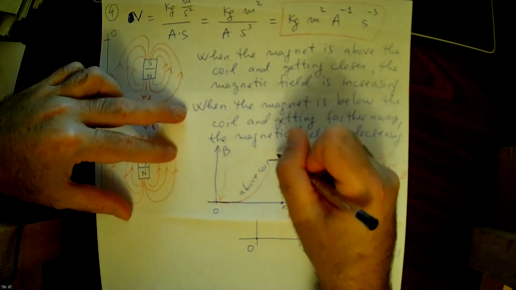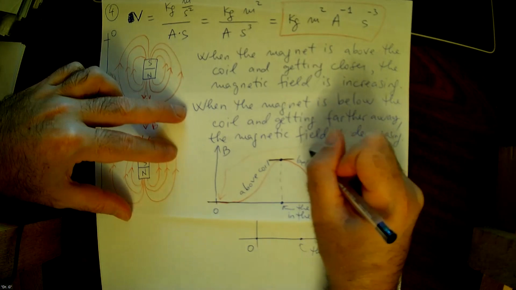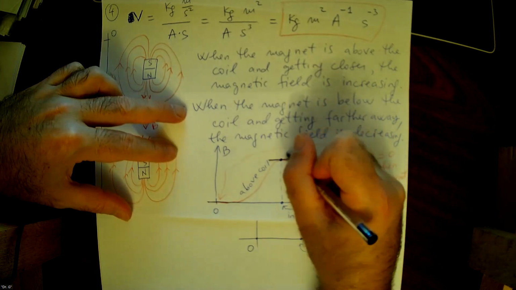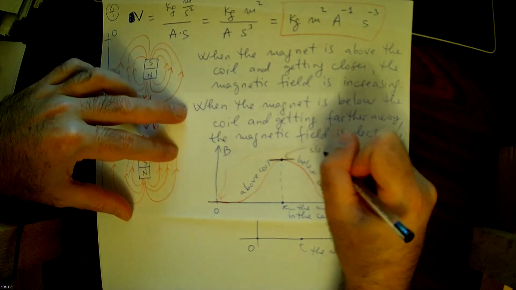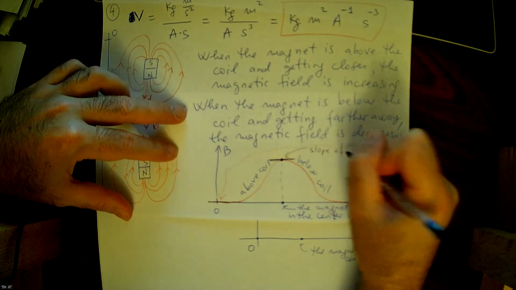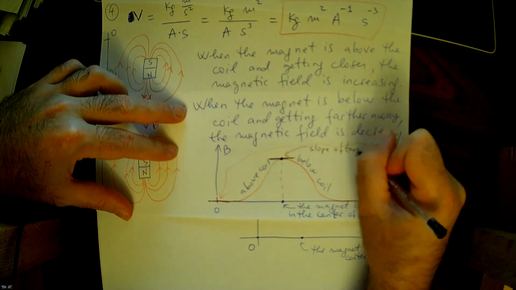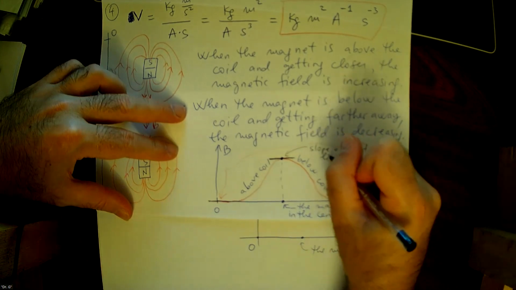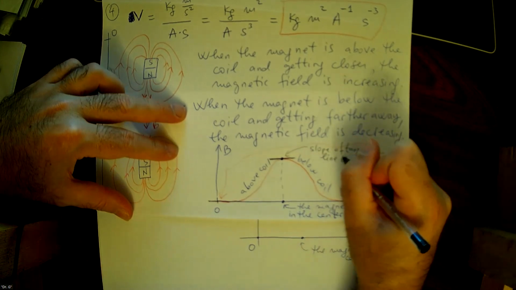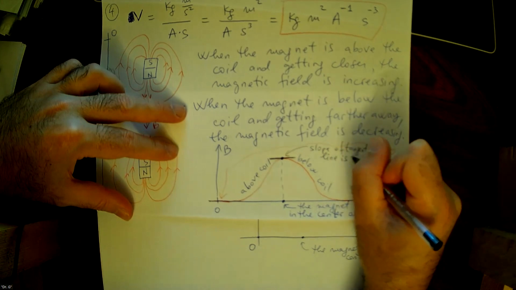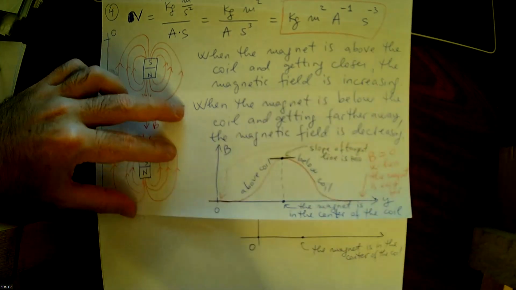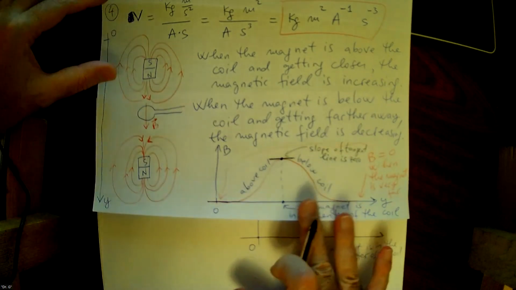The slope of the tangent is 0 here, yeah? The slope of the tangent line is 0. Okay, here at the maximum.